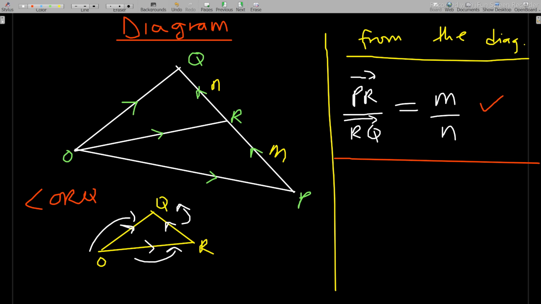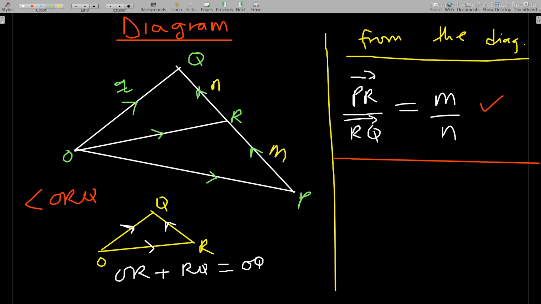That's what we just discussed in addition of vectors, the triangle of vector addition. So OR plus RQ should be equal to OQ. And from position vectors, we can name the RQ and then OQ and the rest. You can say OQ is small q. OP is small p.